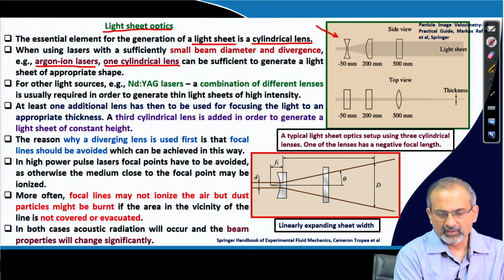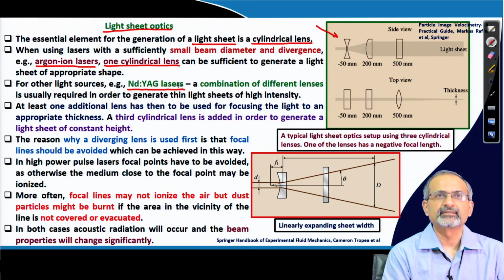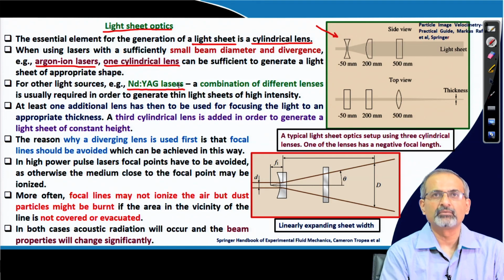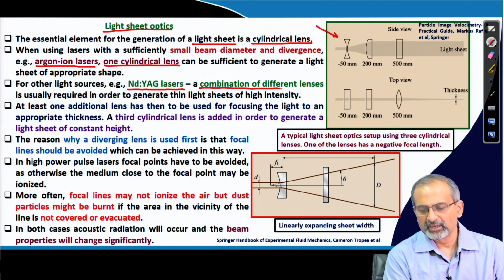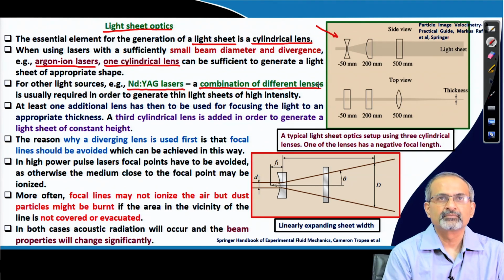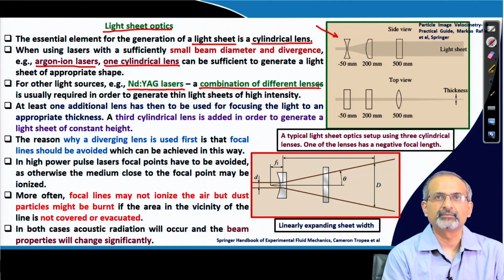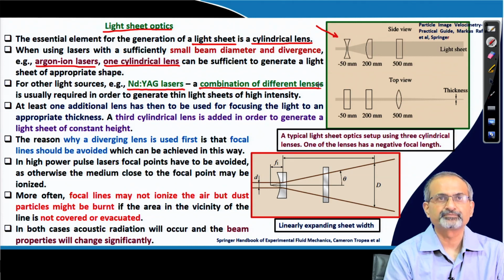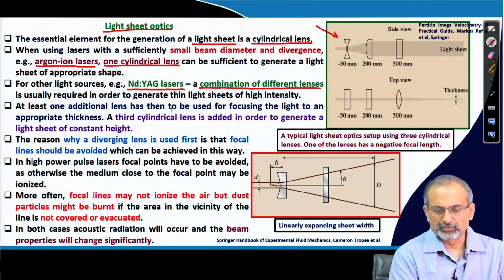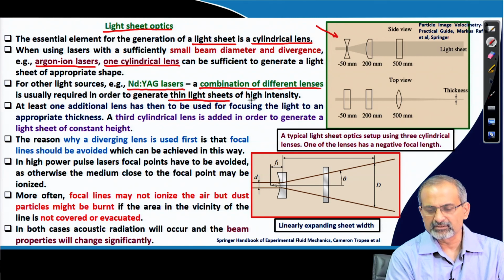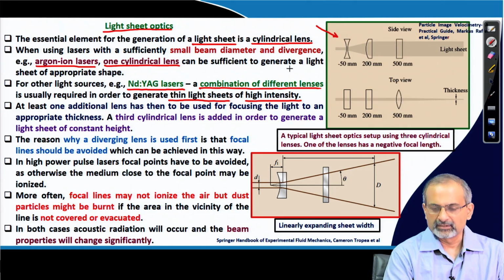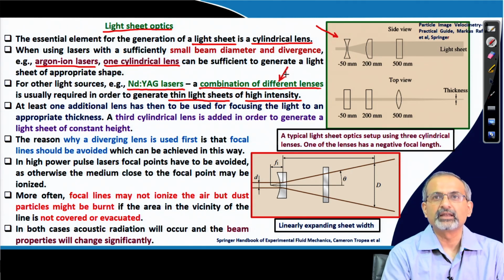However, in ND-YAG lasers and other light sources which are more common in PIV applications, we usually need a combination of different lenses, because the beam that is emerging out of the laser is not all that small in diameter, and the divergence may be of a greater order. And then you finally need thin light sheets of high intensity. The combination of different lenses will achieve that for you.